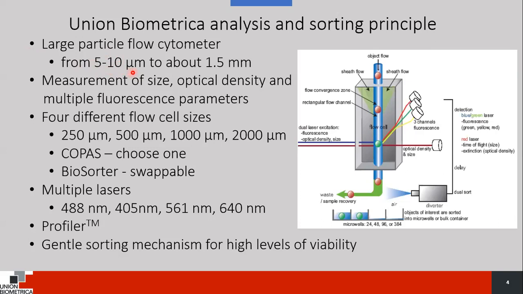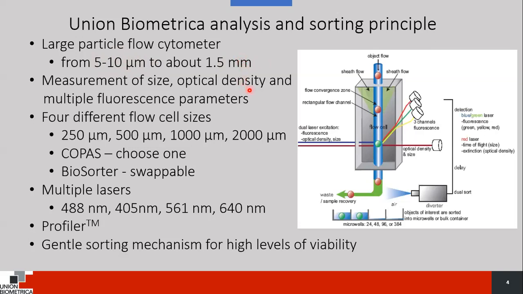We know that the beads used by traditional flow cytometers to standardize and set up their instruments are as small as 2 microns, and we are able to detect these 2 micron polystyrene beads. However, a polystyrene bead is not a cell, and so we err on the side of caution and know that we're in this size range at the bottom end and can go easily up to 50 and up to 1,500 micron diameter.